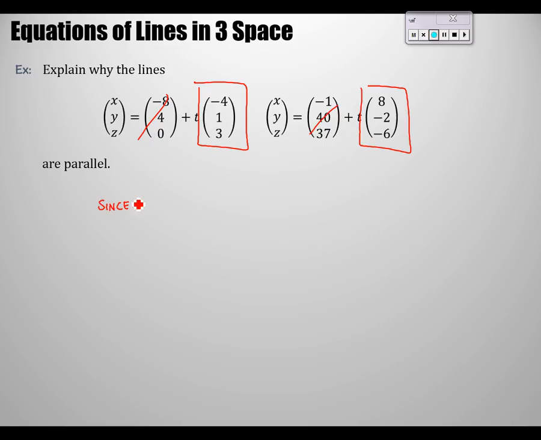Since 8, -2, -6 is equal to -2 times this, the direction vectors are parallel. And the position vectors just don't matter.